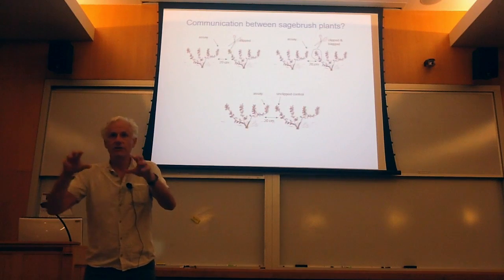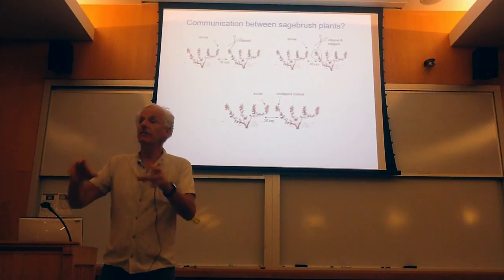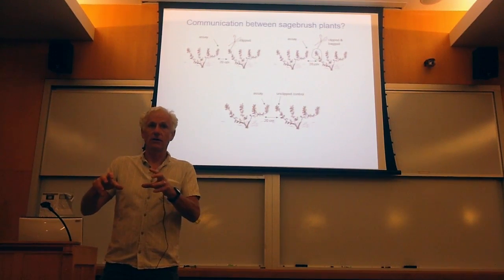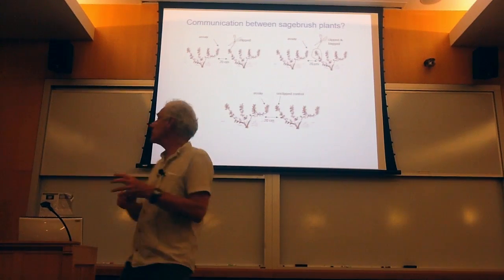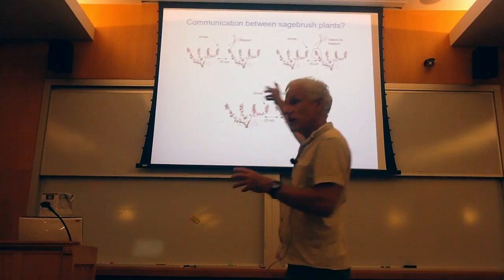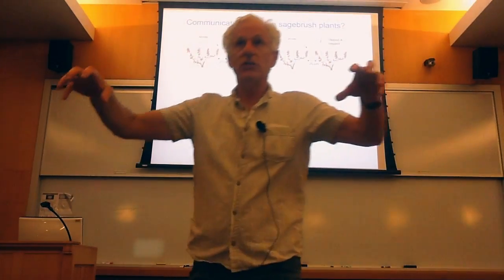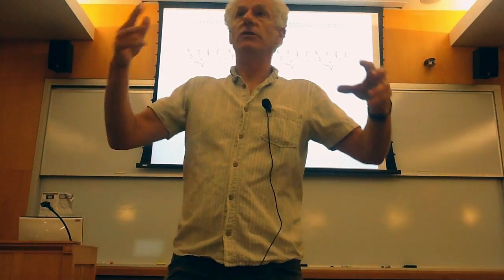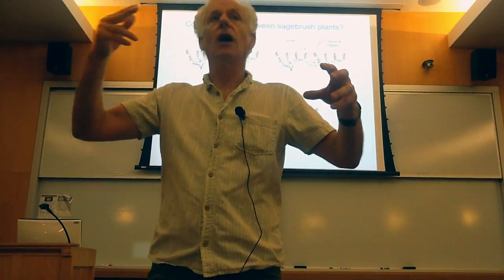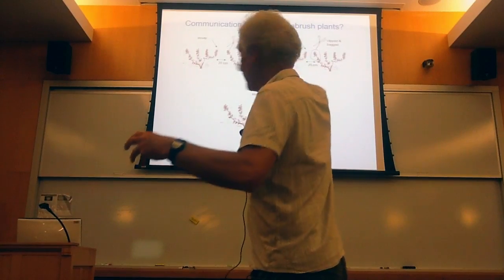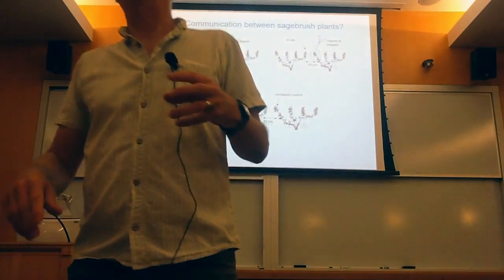So I've got pairs of plants, and one of the plants of that pair I can experimentally clip. That is the treatment shown there in the upper right. There are two sagebrush plants, and in this case with scissors, I come along and clip the leaves of one branch of one of those plants, the one that has that pair of scissors near it.